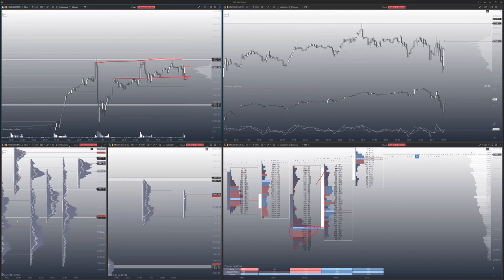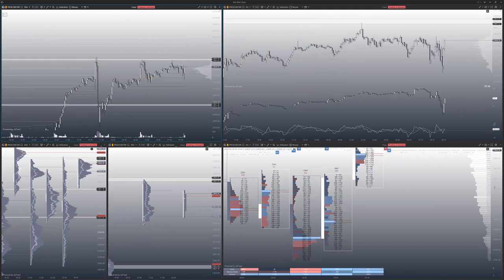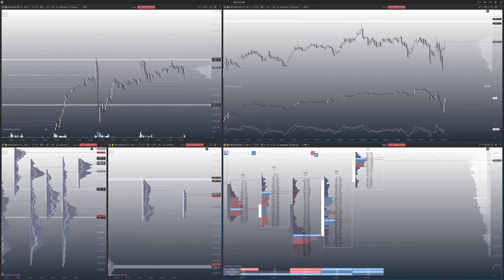But what is not good in the setup is this signal here. We have negative delta. There was absorption here with the positive delta, then it was good to go long here.